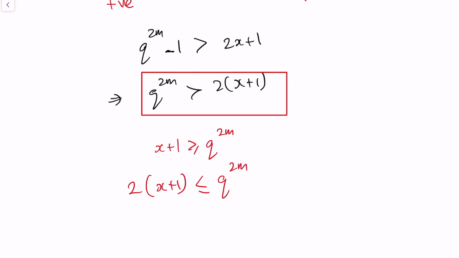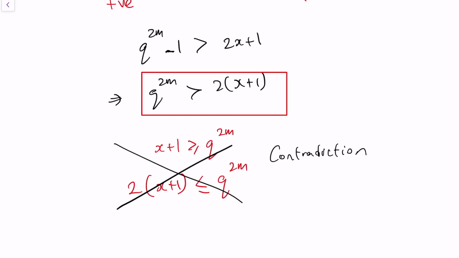Well, since x is a positive integer, this is impossible. In other words, this is a contradiction. So we've proved that if q is prime and m is a positive integer, then this equation has no integer solutions for x, y.